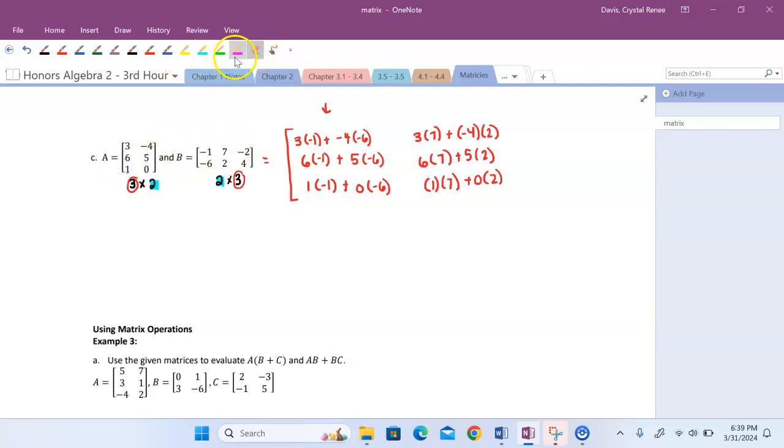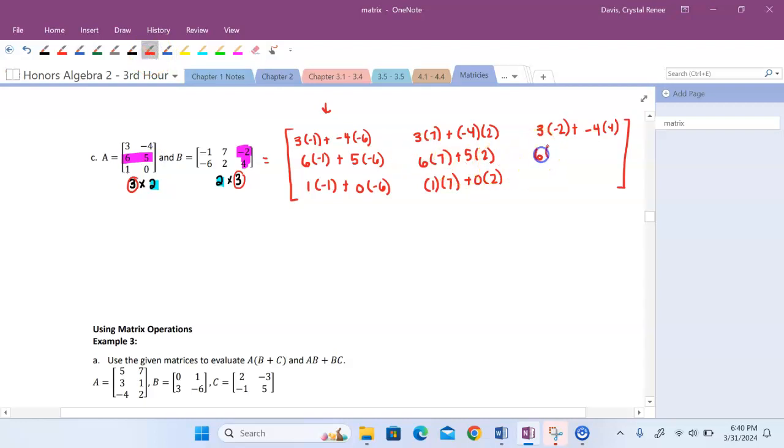Now I'm going to go to my last column. I'm going to do my first row of my first matrix first. So I have 3 times -2 plus -4 times 4. That's my first row. Then I'm going to go to my second row.